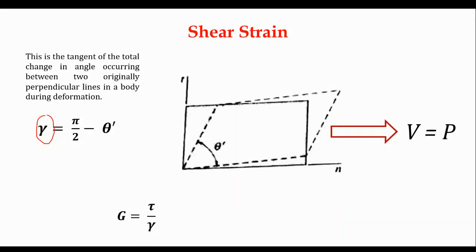In the normal case, there is a relationship where elasticity equals normal stress over normal strain. There is a similar one for shear. The counterpart of elasticity in shear is called the modulus of rigidity. So the modulus of rigidity, G, is equal to the shear stress over the shear strain.